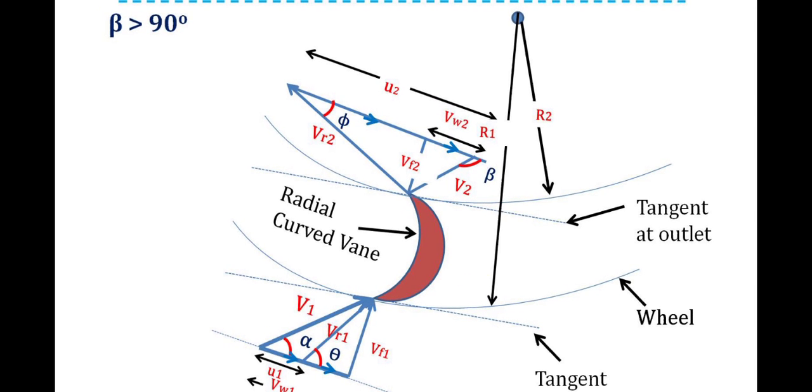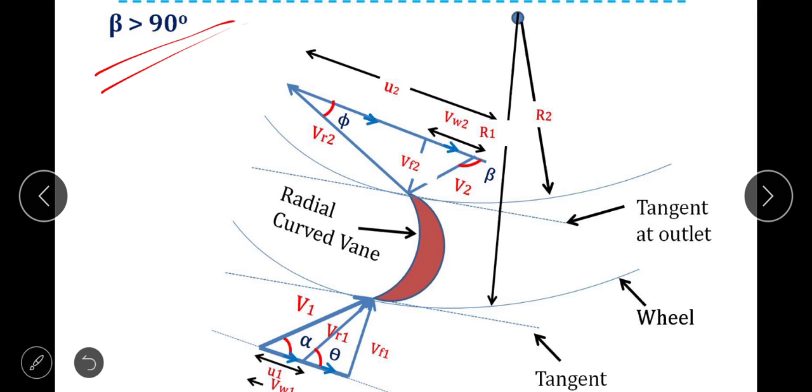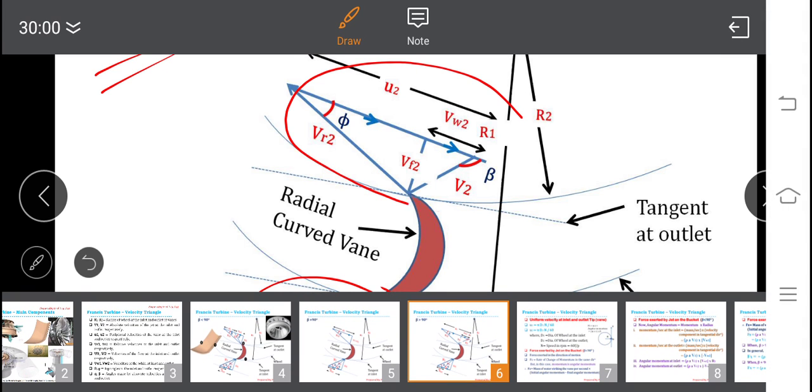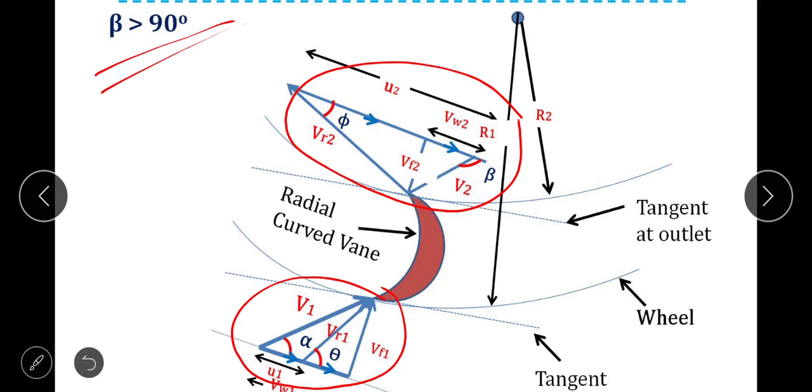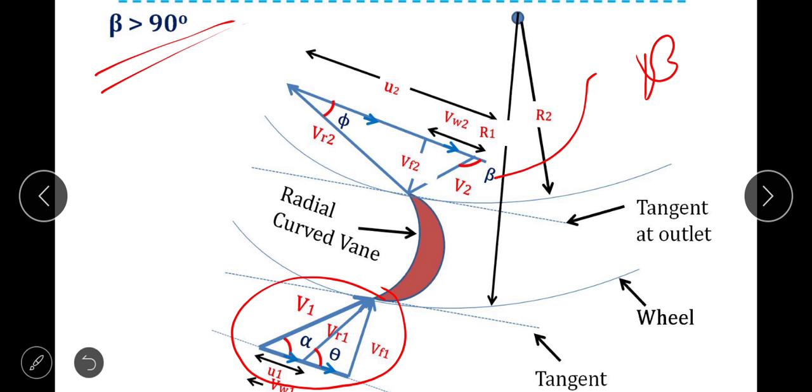Beta is greater than 90. When beta is greater than 90, that is the second case. In that case also there is an inlet velocity triangle and an outlet velocity triangle. The only thing is the beta value: there it was less than 90, here it is greater than 90, therefore the line is changing in the velocity triangle figure, showing beta greater than 90.